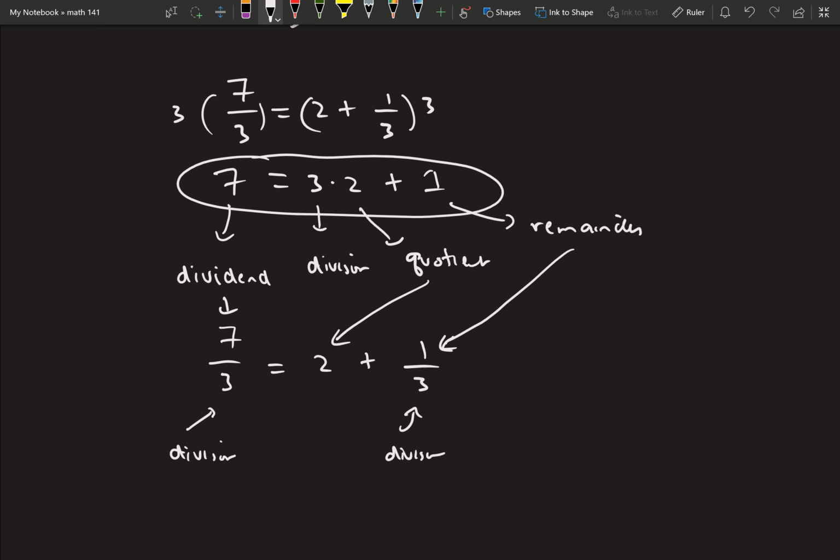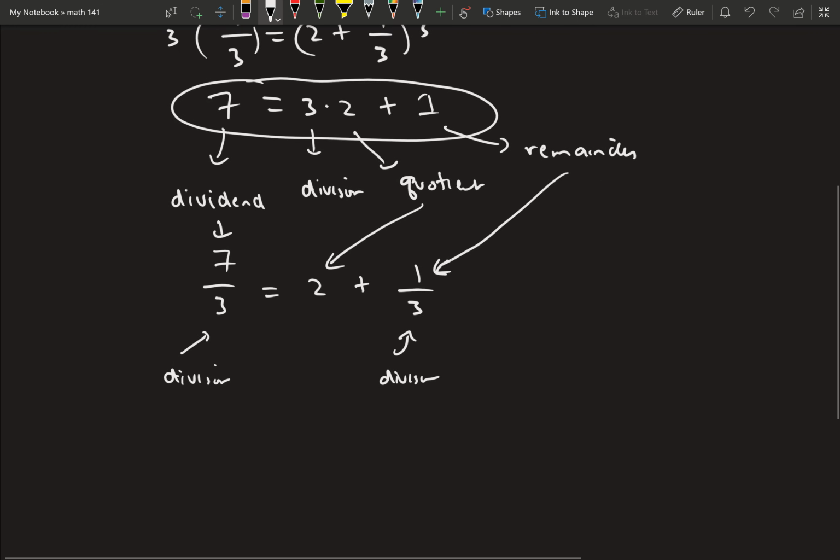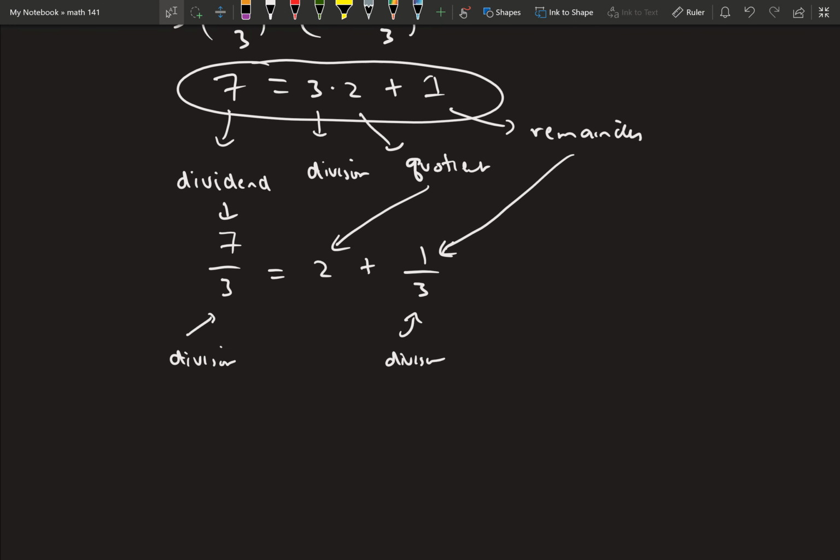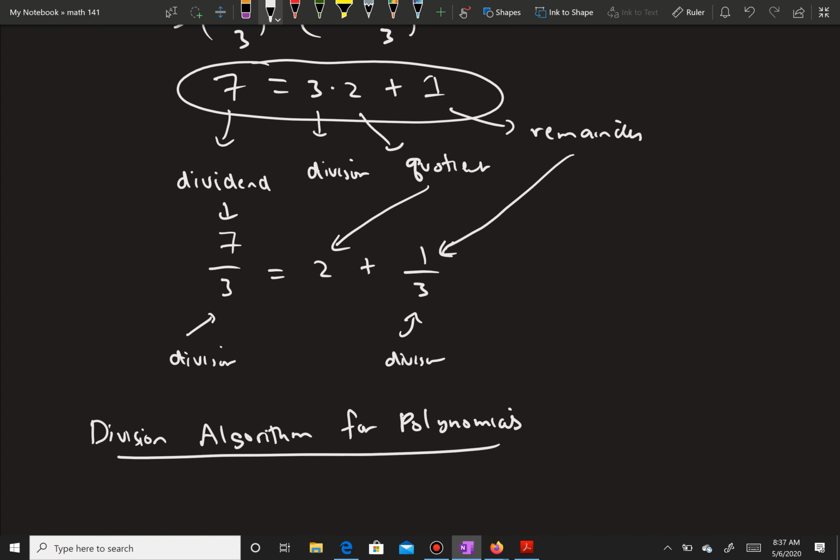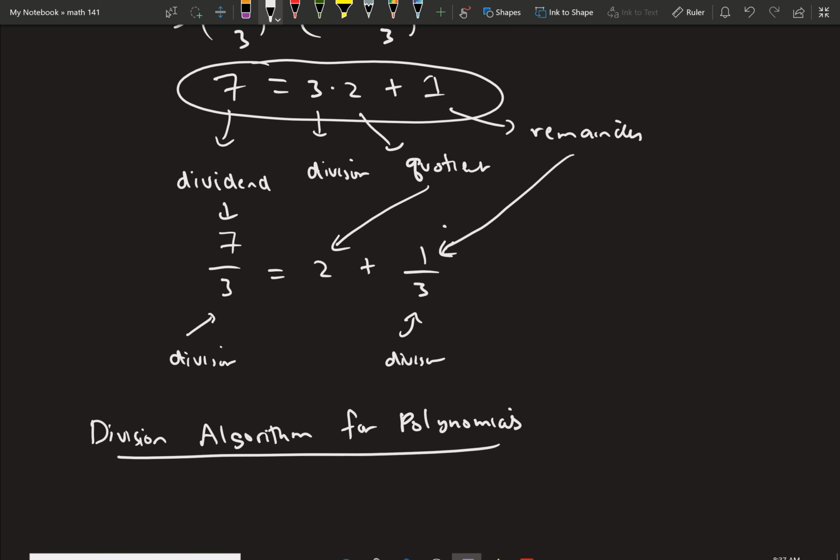So these are two forms of what is called the division algorithm. And what we're going to do is state an analogous division algorithm for polynomials. So note here, by the way, the remainder, we'll call it r, is equal to 1.